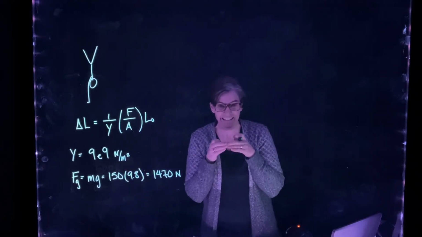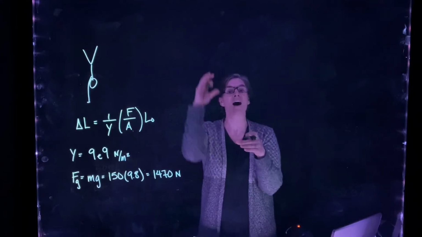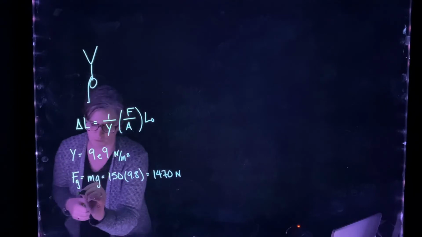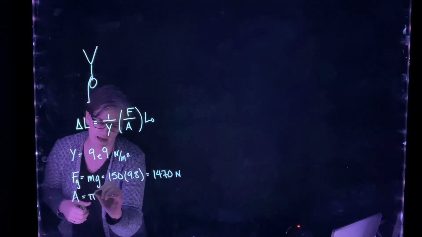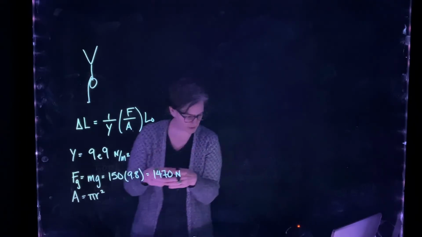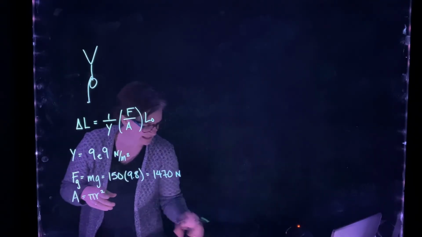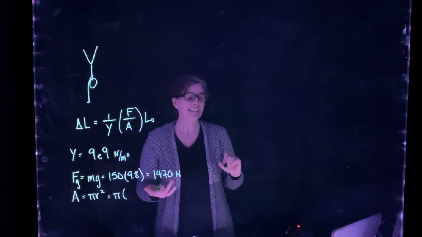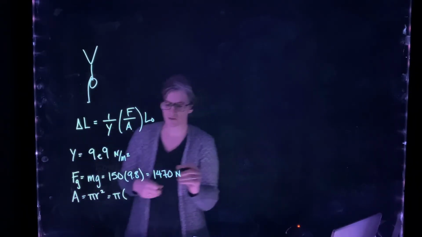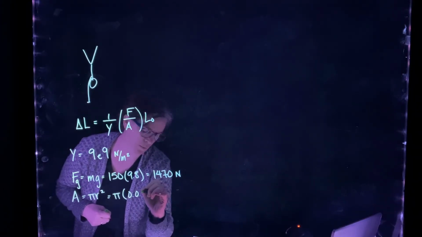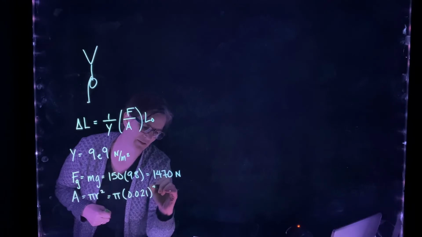All right, we also need to appreciate the area over which that force is acting. So that's the cross-sectional area of the rod of bone that we're talking about. So we know that area is equal to pi r squared. We were told to model it as a cylinder. That is then pi, and that cylinder has a radius of 2.1 centimeters, so 0.021 meters squared.